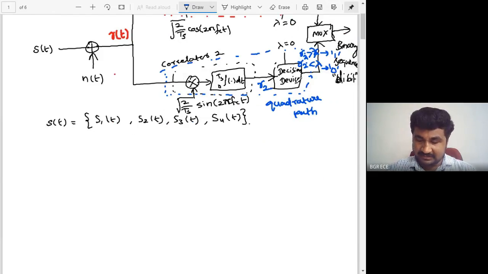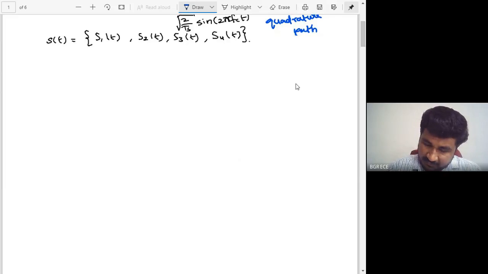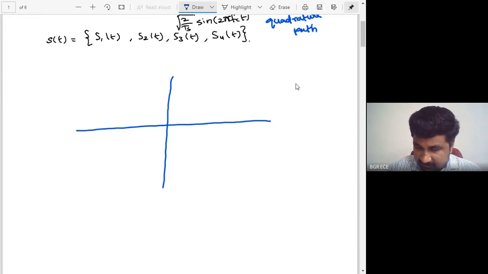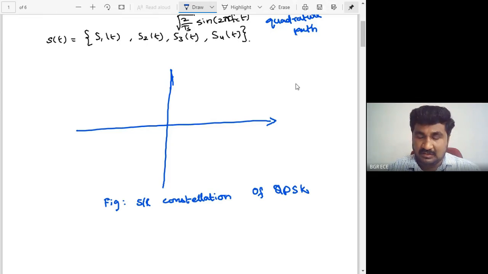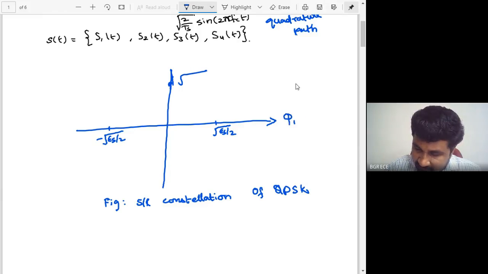And we have already discussed the signal constellation diagram of QPSK, in which each of the coordinates has a magnitude of square root of Es by 2 on all the axes.